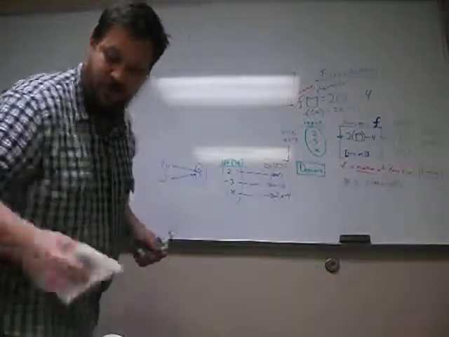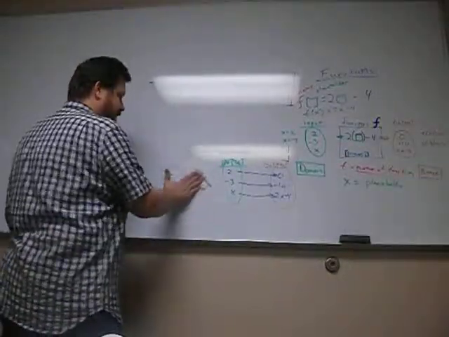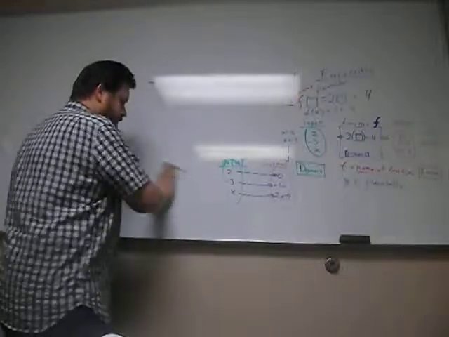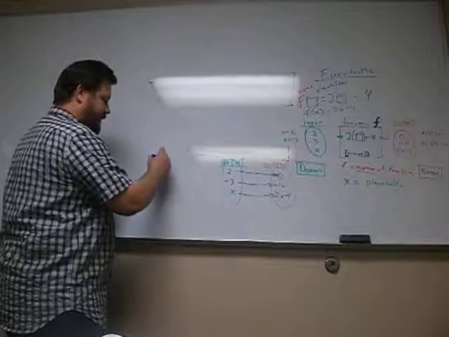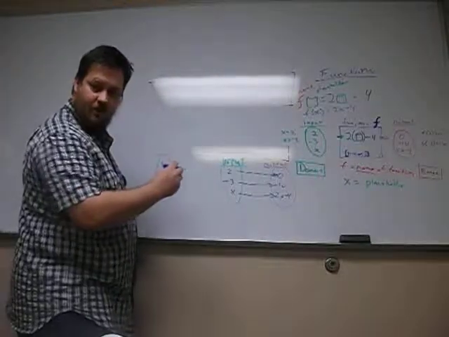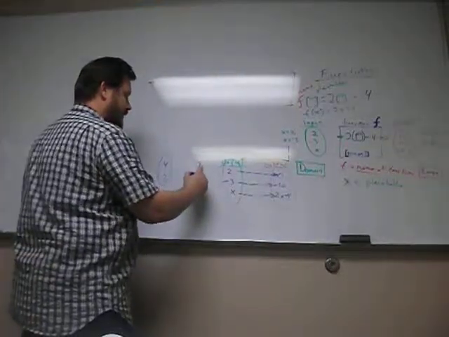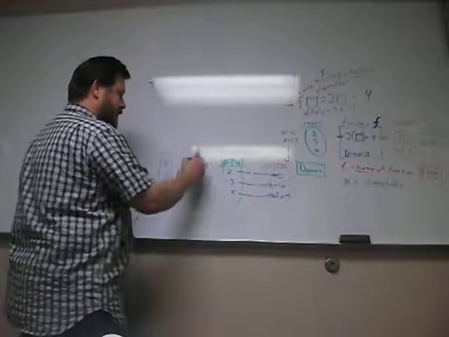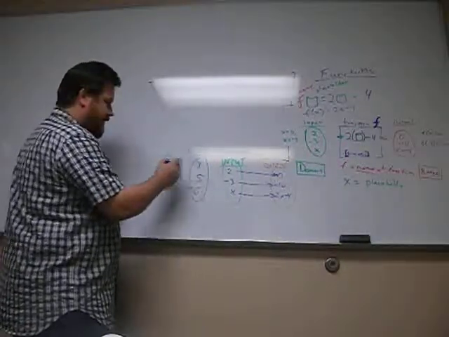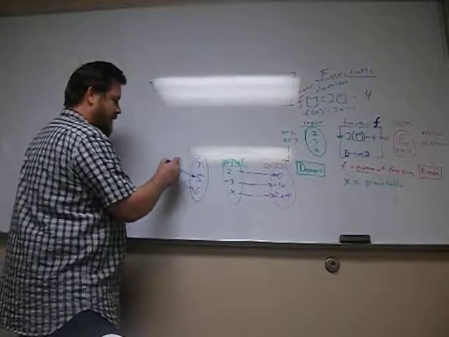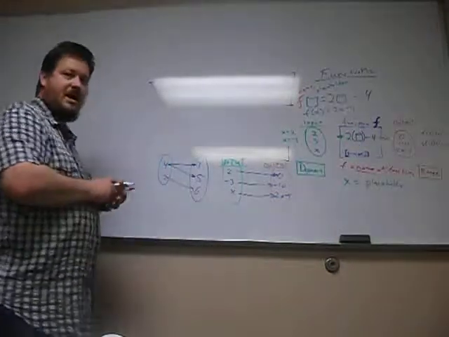As opposed to the second example, if we have an oval with a 4 and a 2 in it, and then another oval with a 3, a 5, and a 6, and I draw an arrow from the 2 to the 6, from the 4 to the 5, and another arrow from the 4 to the 3, now I've got a problem.